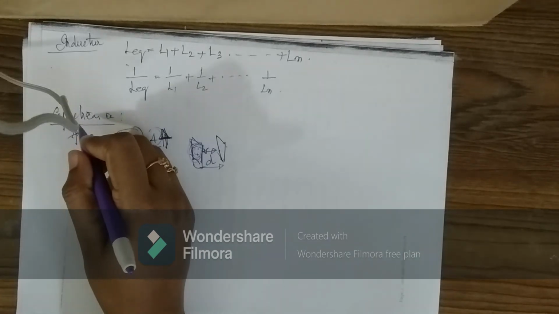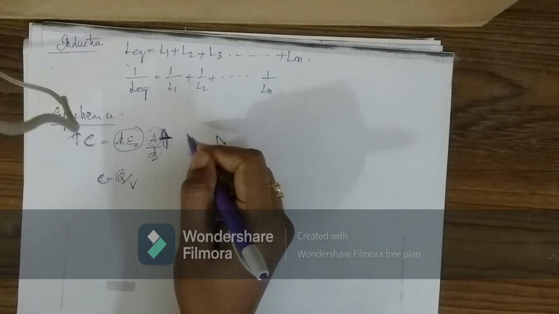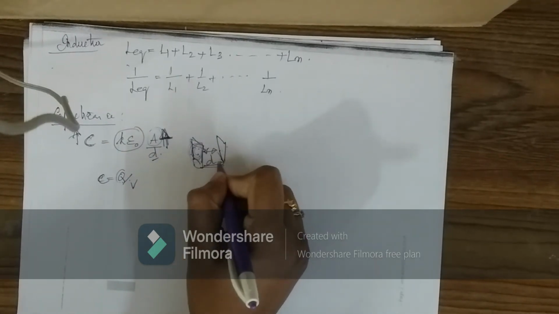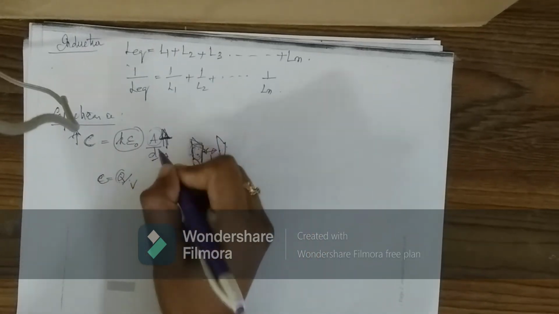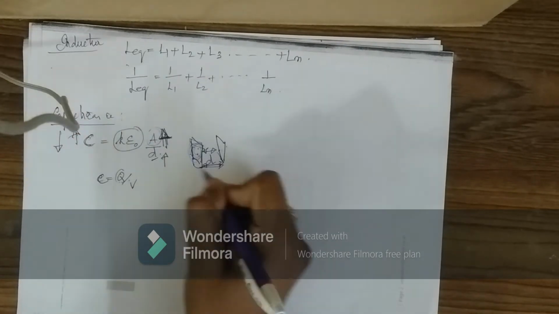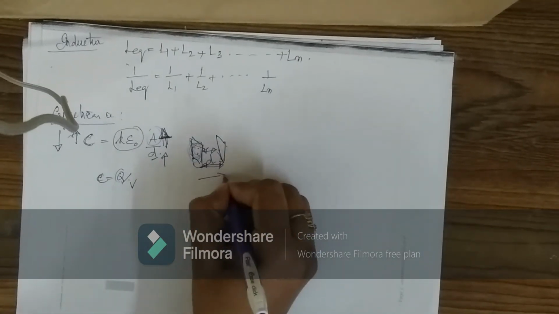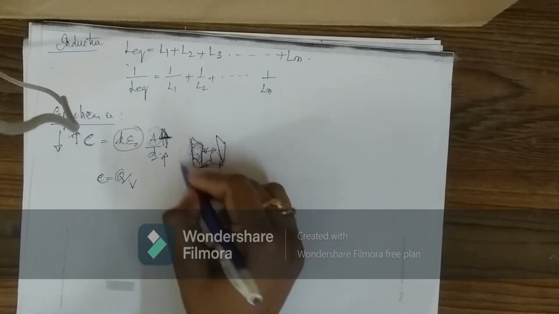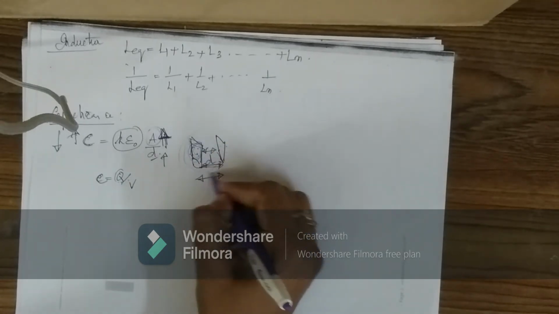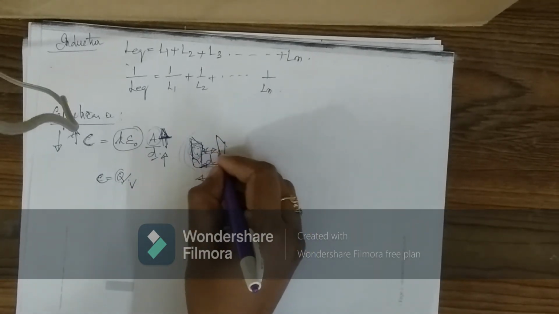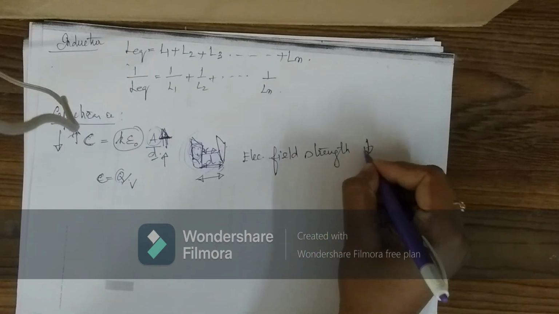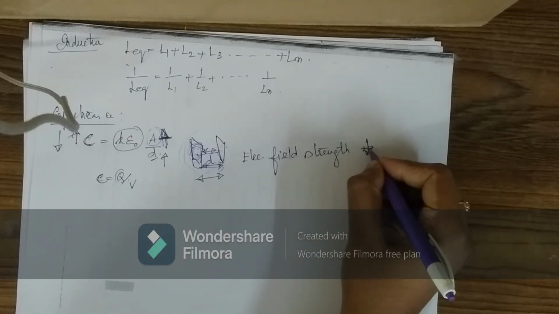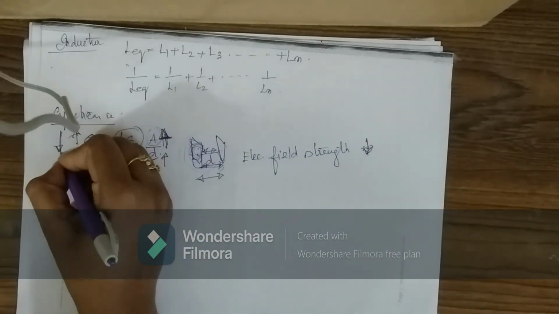There is more place for the electrons to hang out. If the distance between the plates is increased, your capacitance decreases. Why? Because if the distance increases, the electric field strength decreases, which means your capacitance decreases.